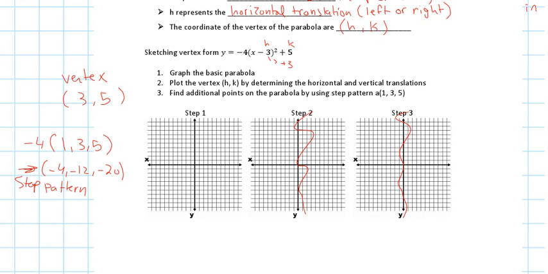So my step pattern is -4, -12, -20. The first thing I have to do is plot the vertex. My vertex is going to be 3, 5, so 1, 2, 3, and then 1, 2, 3, 4, 5. So that's where my vertex is. Make sure you include some values on your graph.